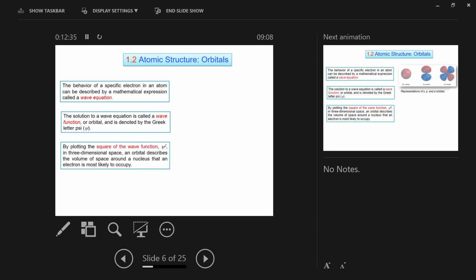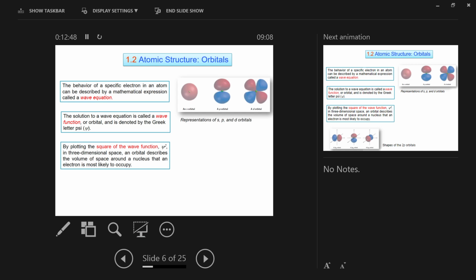By plotting the square of the wave function in three-dimensional space, an orbital describes the volume of space around a nucleus that an electron is most likely to occupy. And we have these three orbitals: we can define s orbitals, p orbitals, and d orbitals. The s orbitals are a sphere.